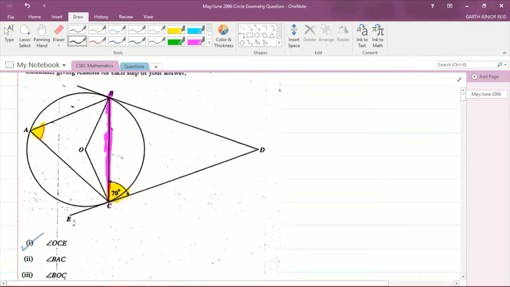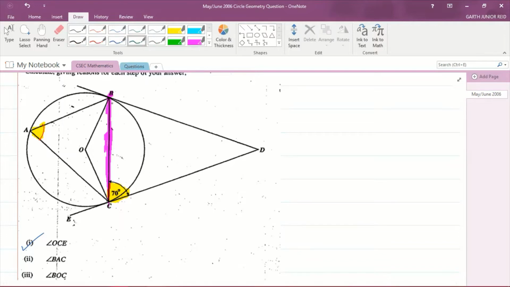Now there's a theorem which says that the angle between the tangent, the tangent DCE, and the chord BC, which is the 70 degrees, that angle between the tangent and the chord is equal to the angle in the alternate segment, or the opposite segment.